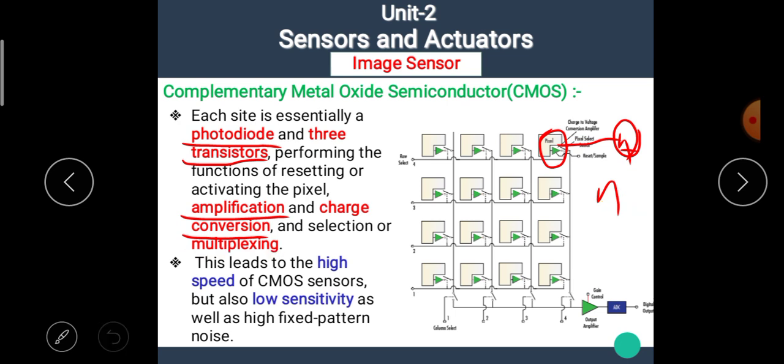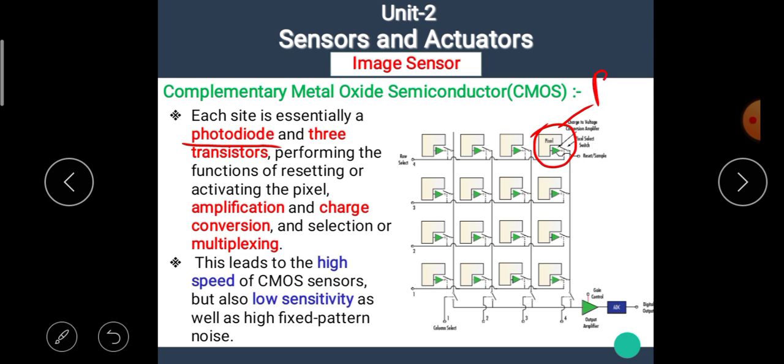That means the difference between the CCD and CMOS is the CCD contains only the photodetector, but here in the CMOS cell, each pixel contains a photodiode as a photosensitive element, analog to digital conversion, and also the amplification circuitry. Okay, this leads to high speed of CMOS sensors, but also low sensitivity as well as high fixed pattern noise.